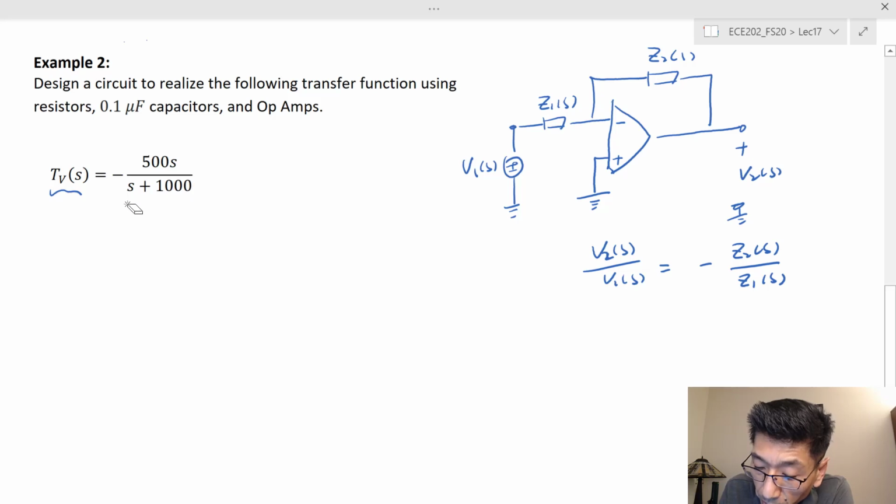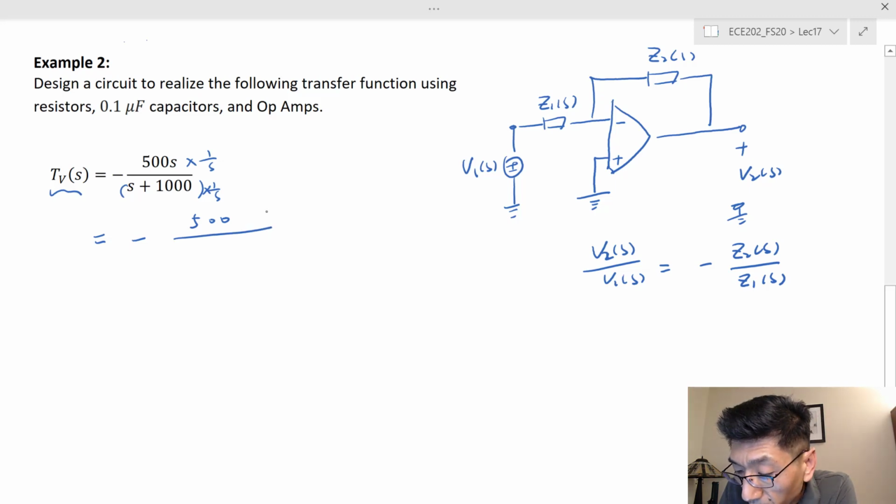So what we do is we first divide the numerator and denominator by S, multiplying each by 1 over S. What we get here is 500 on the numerator.